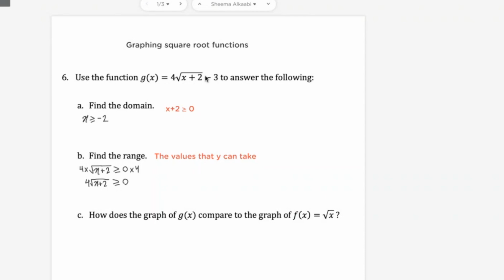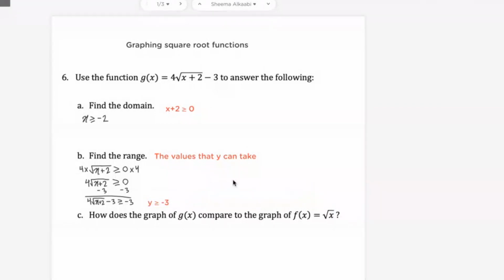And then you come to this minus 3, subtract 3 from each side. Minus 3, minus 3. Yes, and you get 4 square root of x plus 2 minus 3 more or equal than negative 3. This means that your y is more or equal than negative 3, and that's your range, okay?